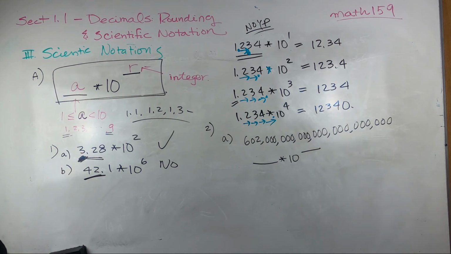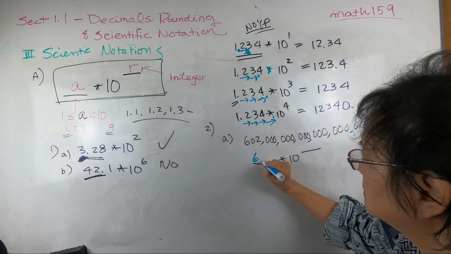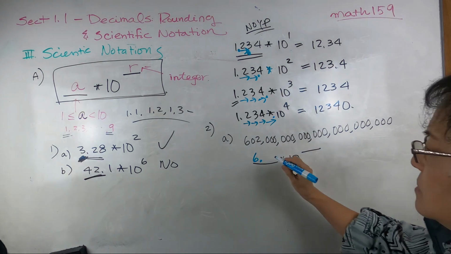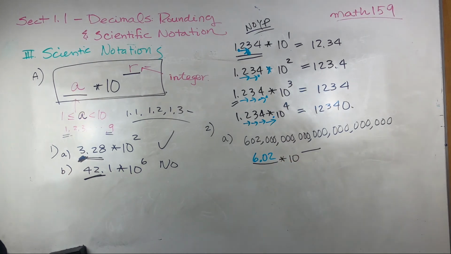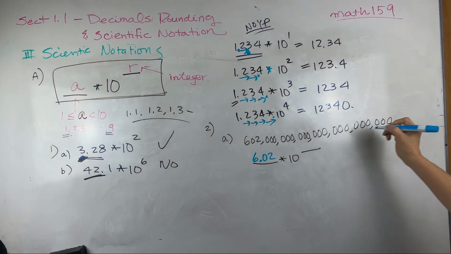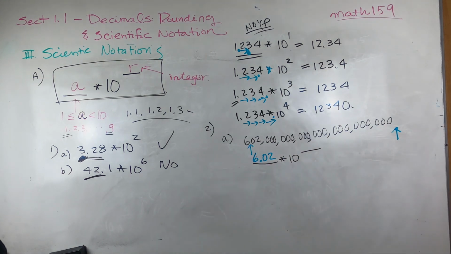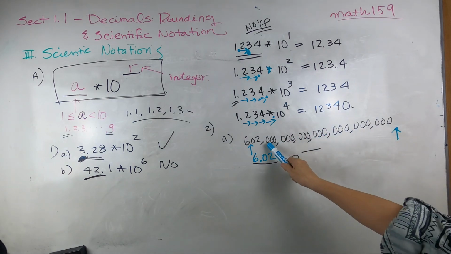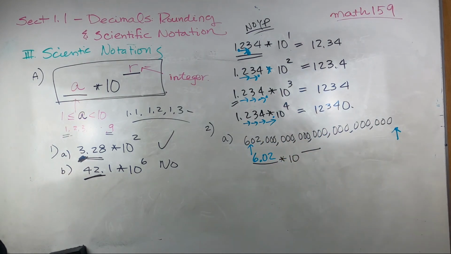We say you can only show 1 digit, right? The remaining has to be the decimal. So it would be 6.02. That means the decimal point was here. You move it up to here. How many places did you move? 1, 2, 3, 4, 5, 6, 7. So that's 21 places. Then plus 2 places.